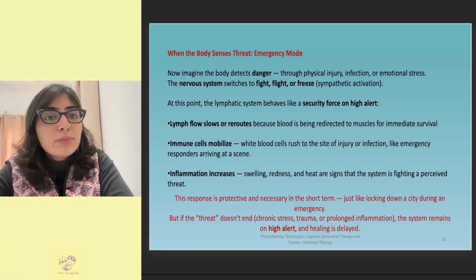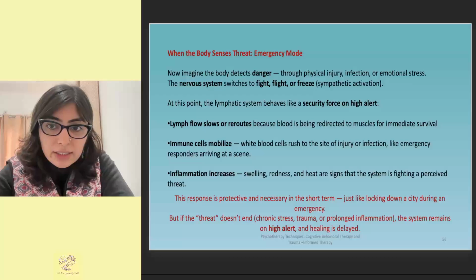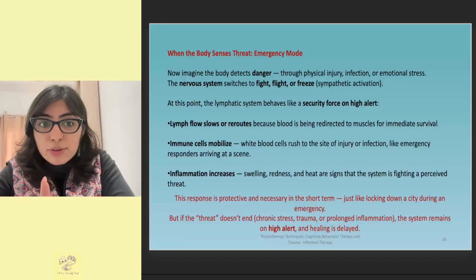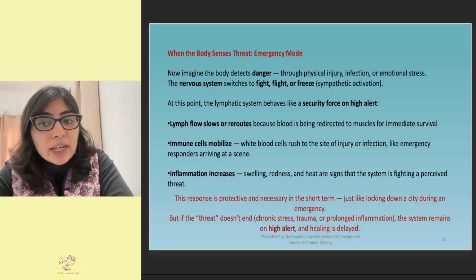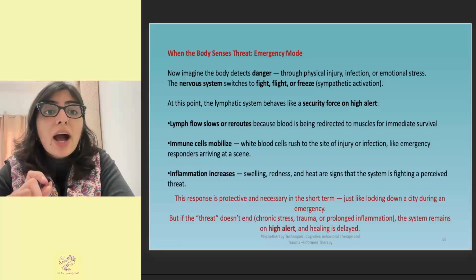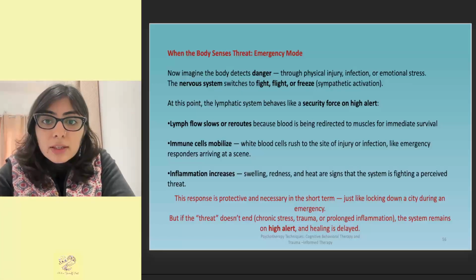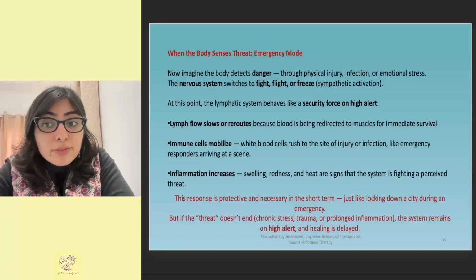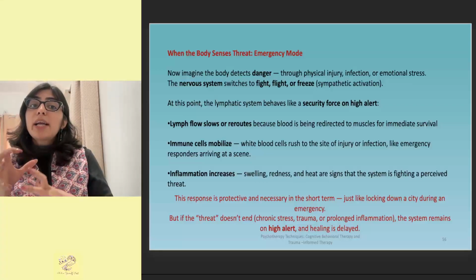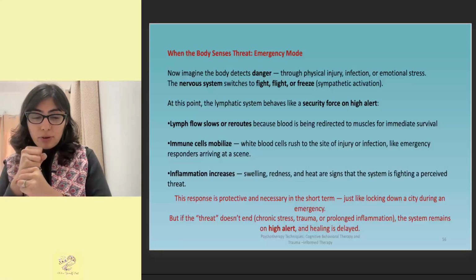The nervous system switches to fight, flight, or freeze. Freeze was under parasympathetic, the not so helpful part, and fight, flight is sympathetic. At this point, the lymphatic system behaves like a security force on high alert. So when the security force is on high alert, there is too much energy in the body. I would like to either defend or fight or flee.